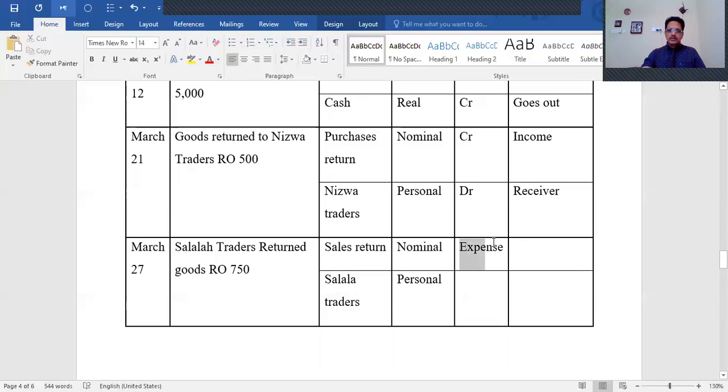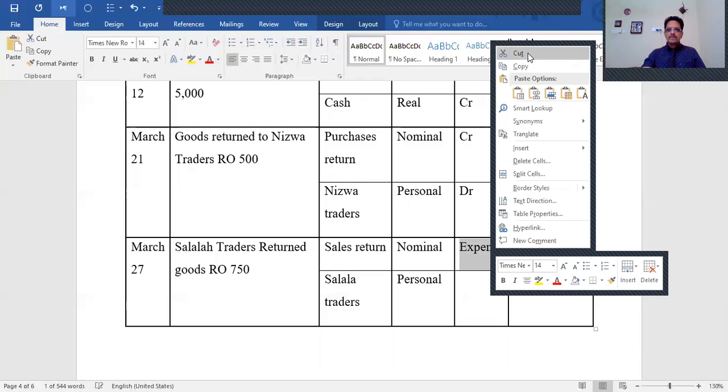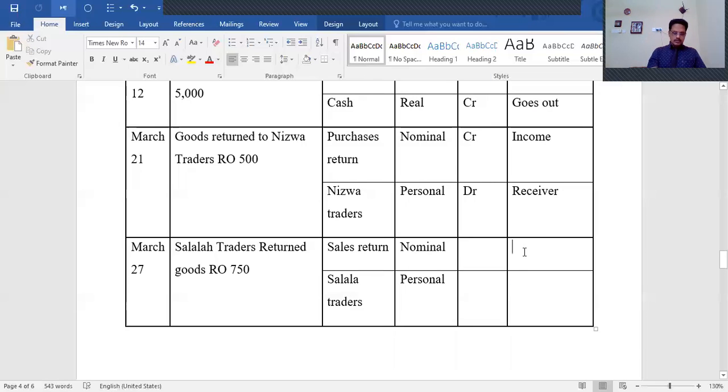You can write expense. So debit all expenses and losses, you know already. Now the personal account: Salala Traders return goods to you. That means, to the business, Salala Traders is the giver. So credit the giver. The rule is credit the giver.